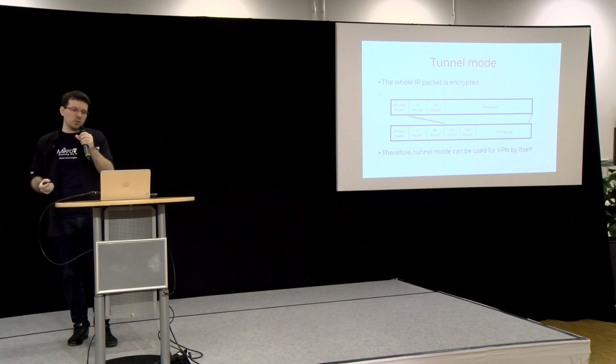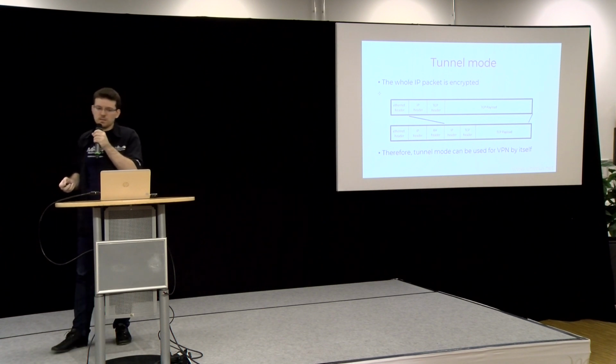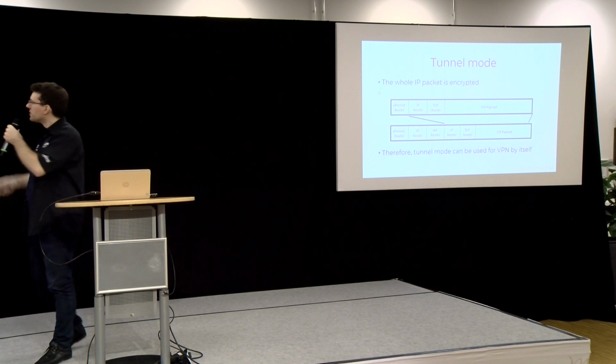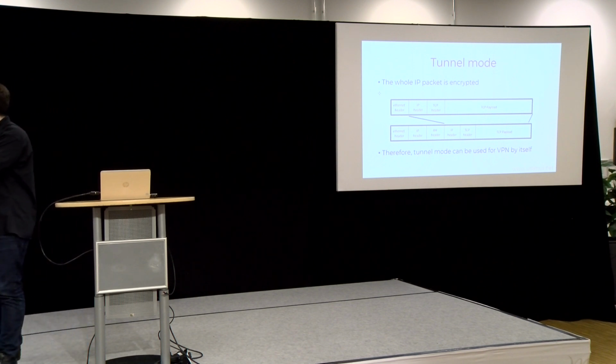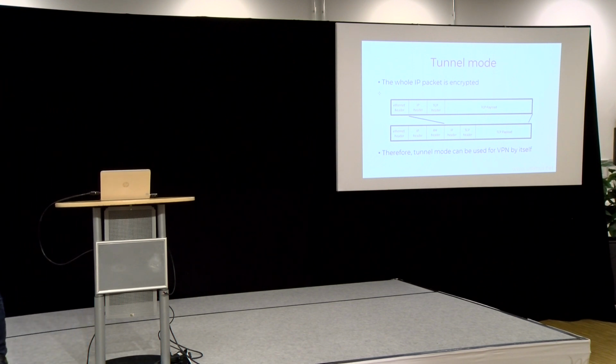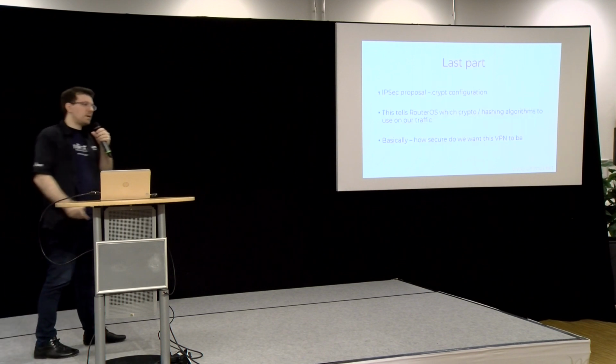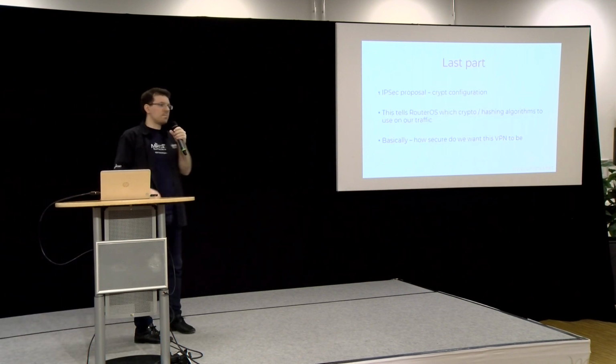Whereas in tunnel mode, the whole IP packet is encrypted. Therefore, tunnel mode can be used for VPNs by itself. Why? Because we now have duplicate IP addressing, which is what is necessary in order to build a site-to-site VPN.